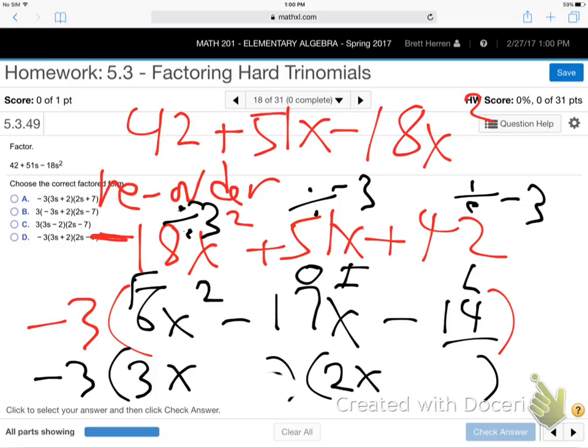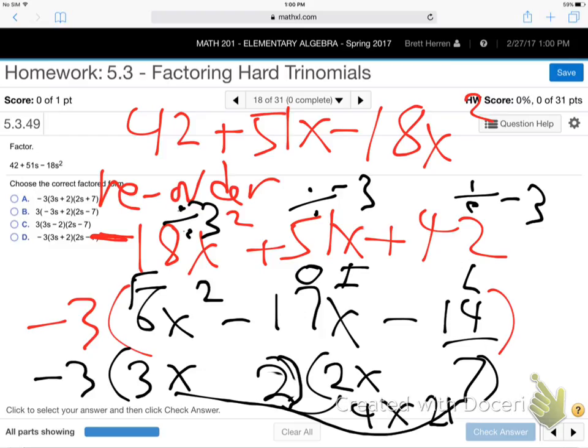So it's got to be 2, 7 like that. So the 2 inner makes 4x. The 2 outer makes 21x. Can they make 17? Yeah. Sign in the middle, sign in the bigger. So minus in 7, plus in the 2. There it is. Is that good? Is that making sense? Yep. It's a lot of work, huh?